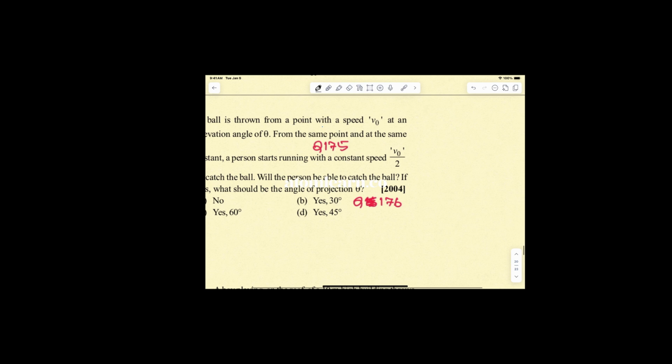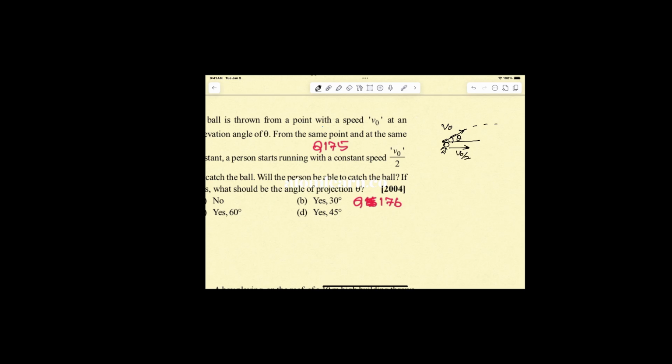Now it says a ball is thrown. This is v0 at an angle theta. Therefore, this goes like this. Then at the same time, a person is running on the ground to catch it. Now the speed is v0 by 2.